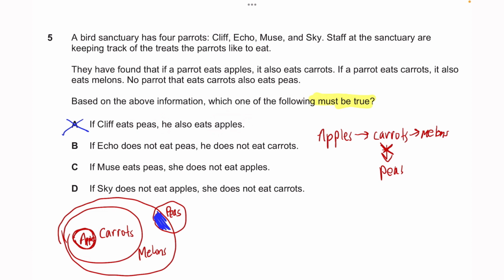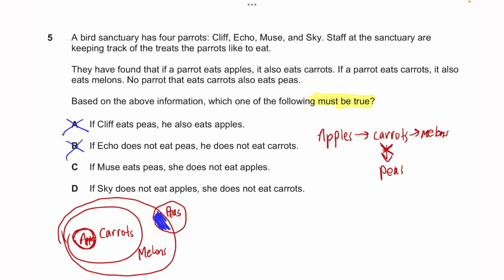Then we've got B. If Echo does not eat peas, he does not eat carrots. Well, that is incorrect because you actually either eat carrots or peas. Carrots or peas, okay? There's only two different charts to flow through. Then we've got C. If Muse eats peas, she does not eat apples.